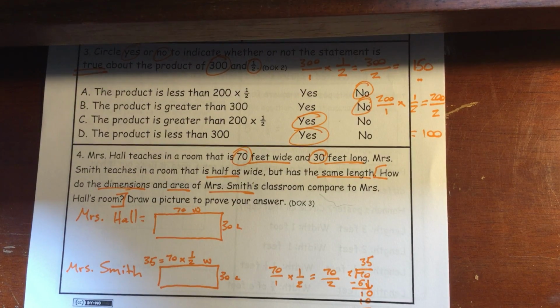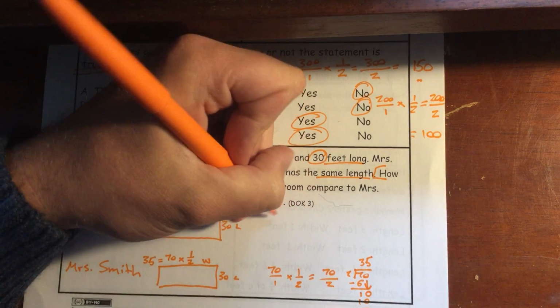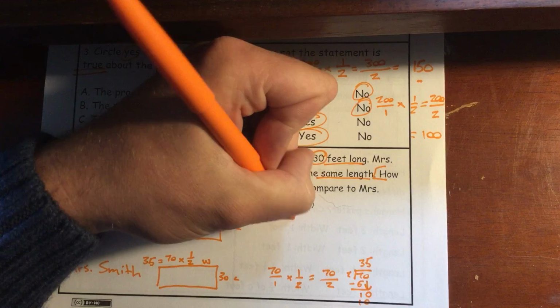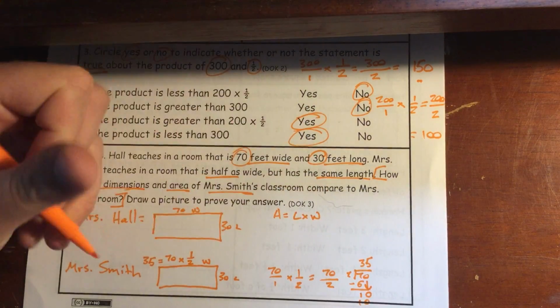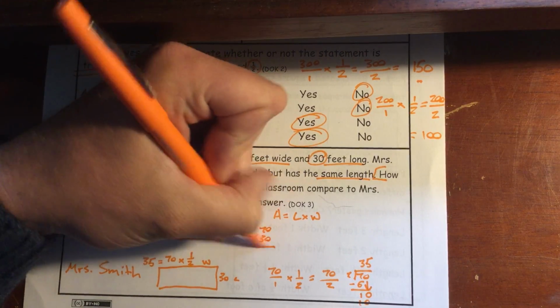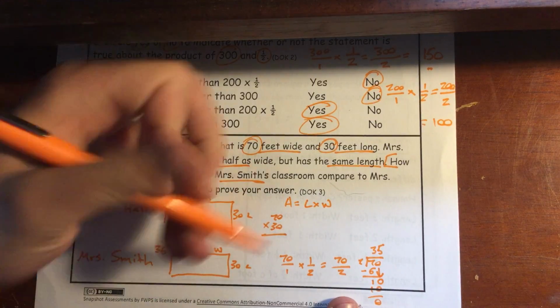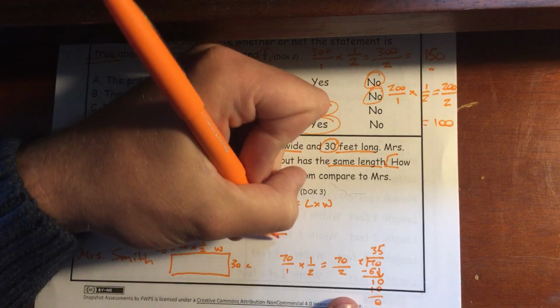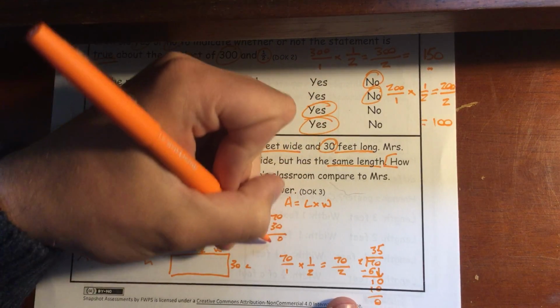And so now I'm just going to figure out the area. I know that area is equal to length times width. So I'm going to do 70 times 30 for Mrs. Hall's. 0 times 0 gives me 0. 0 times 7 gives me 0.